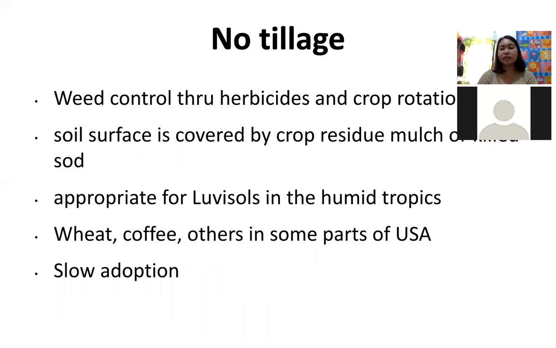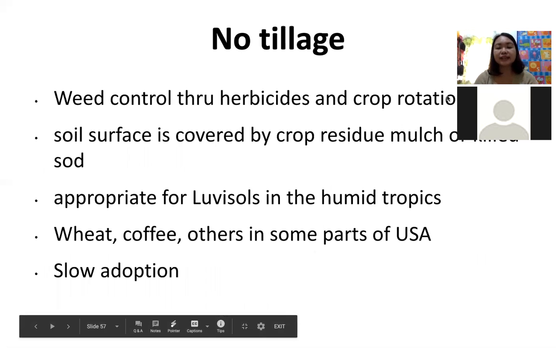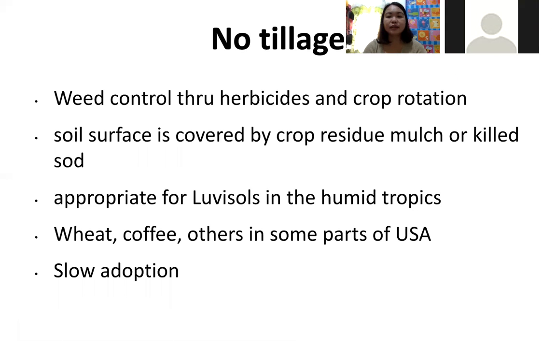So that's all it is. You just make a hole for the seed. While the weed control is done through herbicides and crop rotation. And the soil surface is covered by crop residues, mulch, or killed sod. And these are appropriate for loamy soils in the humid tropics. And these have been done in wheat, in coffee, and others in USA.